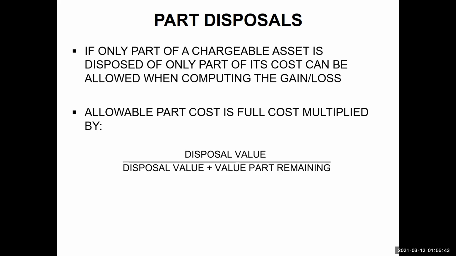Now, the allowable part cost will be a fraction of the full cost of the original item. So if there is a whole land that we've purchased for 25,000, the allowable part cost will be the 25,000 times this formula. So the formula is simply the disposal value divided by disposal value plus the value of the part remaining.